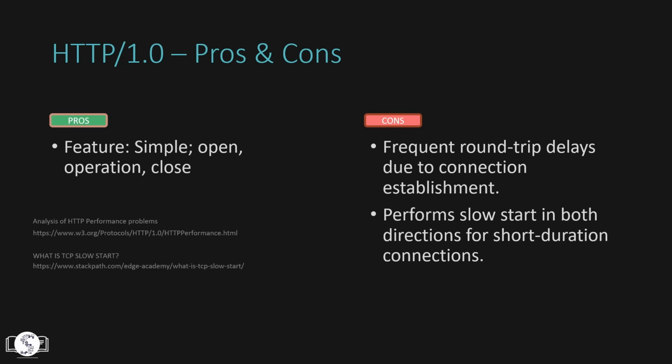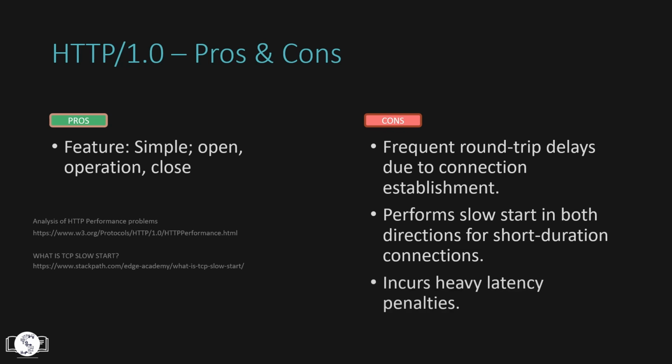TCP slow start is one of the first steps in the congestion control process. It balances the amount of data a sender can transmit with the amount of data the receiver can handle. This approach is ideal for regular connections. However, for short-lived connections, like the one that we use in HTTP 1.0, the impact of slow start is devastating.